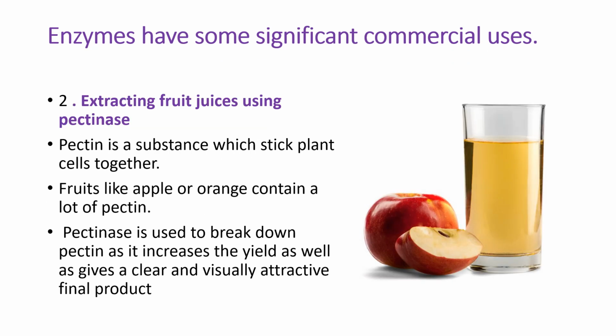The second use is extracting fruit juices using pectinase. Pectin is a substance which sticks plant cells together. Fruits like apple or orange contain a lot of pectin. So the enzyme pectinase is used to break down pectin because it increases the yield as well as it gives a clear and visually attractive final product.